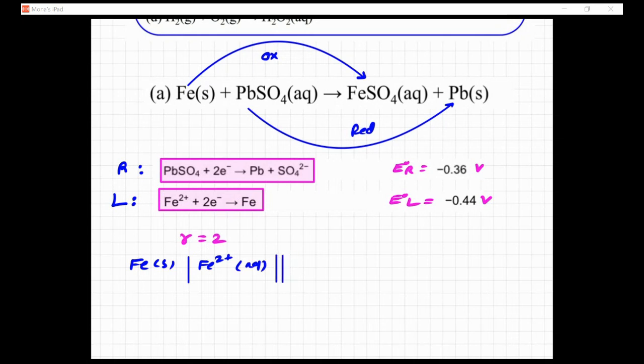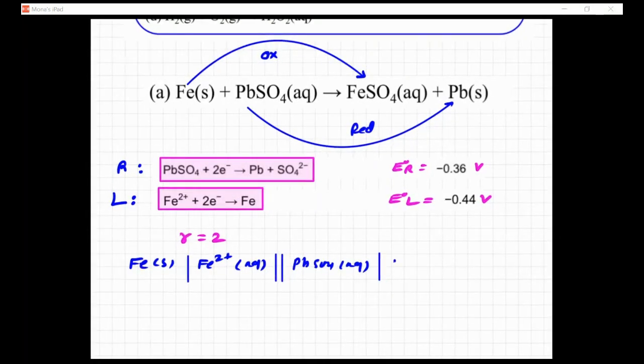Now what else do I have? I will have to go to the other side. That should be PbSO4 aqueous. Then I have a junction, because I have another phase here. That should be Pb solid, right?